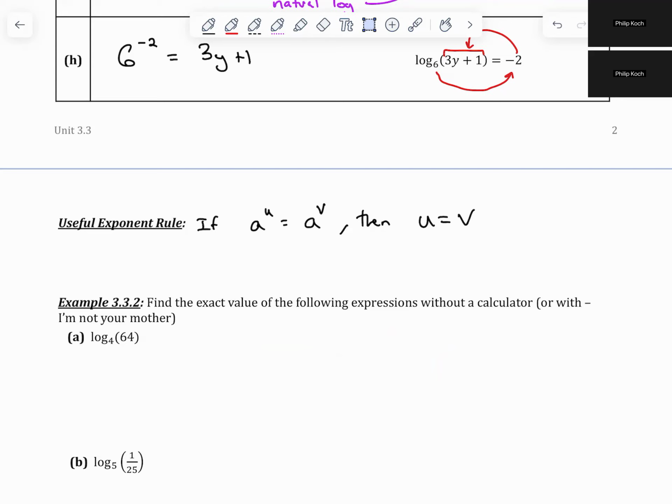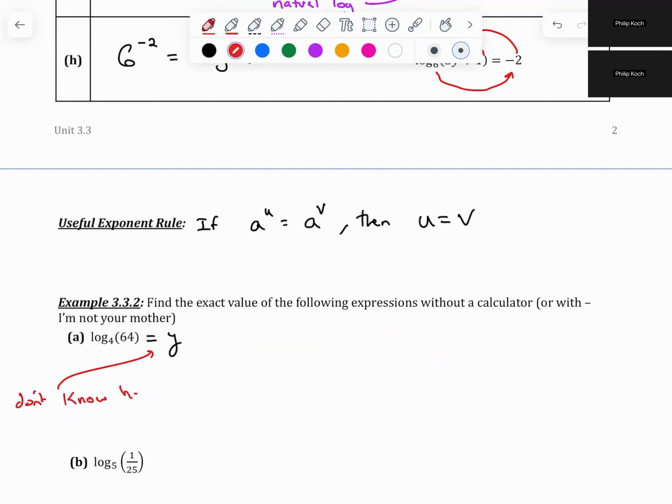So we don't know what this number is. We'll call it y.